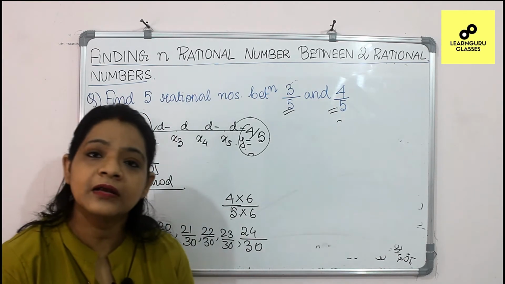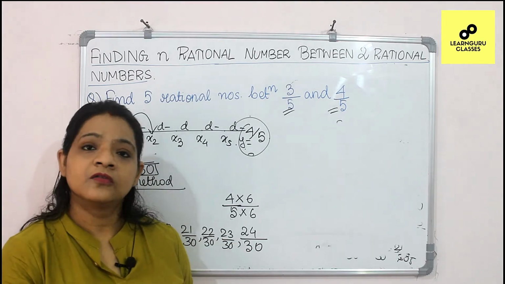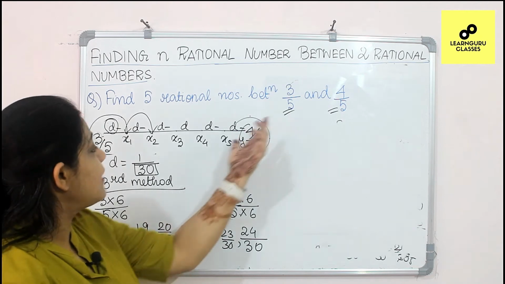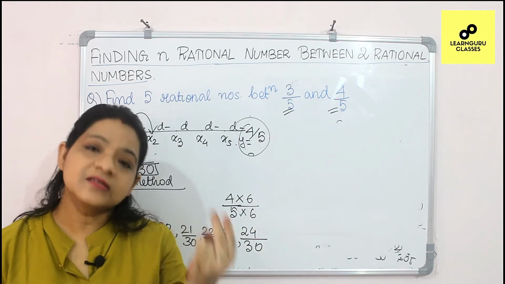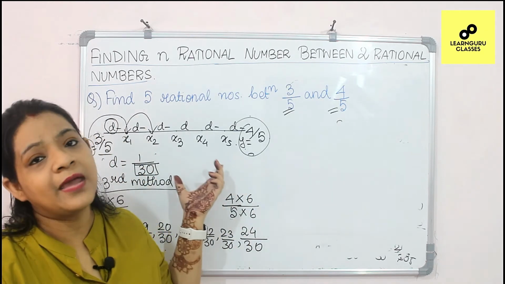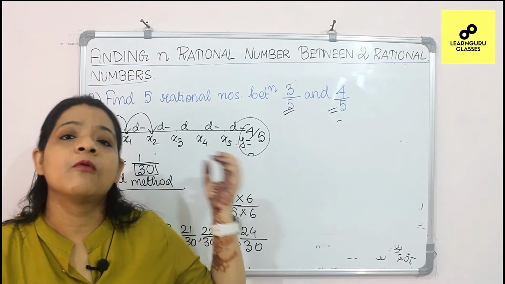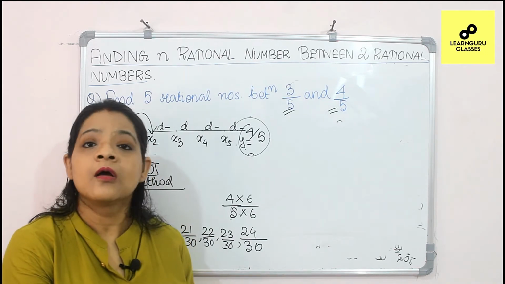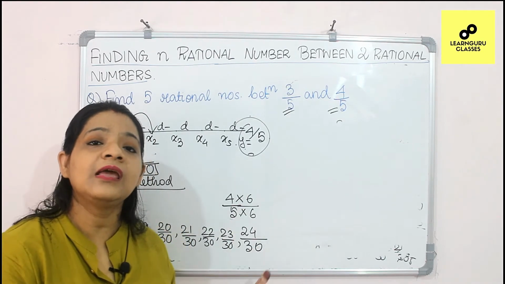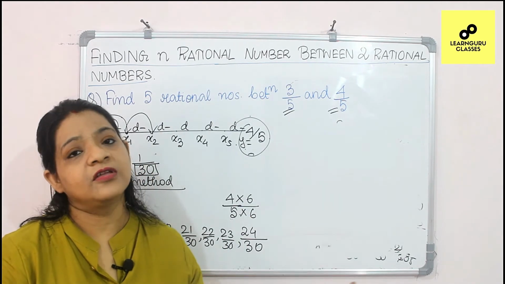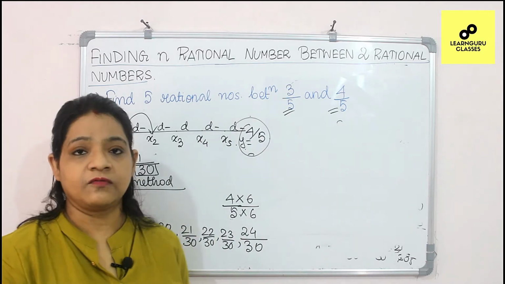You are also asked to find out 5 rational numbers. So you have found out 5 rational numbers between 3 by 5 and 4 by 5 by just making a small change. The change is that we have made the denominator of both the two fractions equal to the denominator of the common difference, and automatically we can find out the number of rational numbers that you are asked to find out.